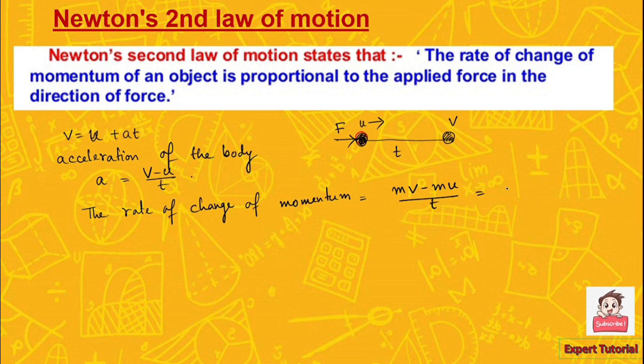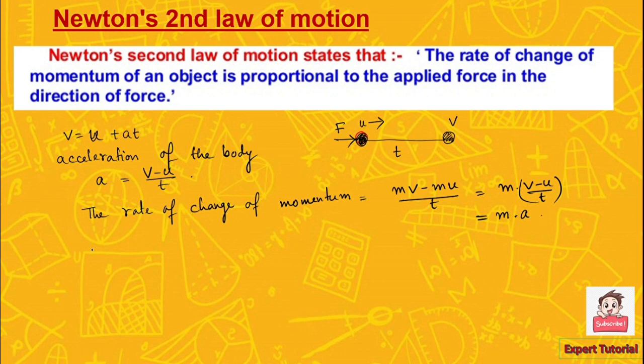That means m into v minus u by t, and this v minus u by t is nothing but a, that is acceleration. So the rate of change of momentum is equal to m into a, mass into acceleration.